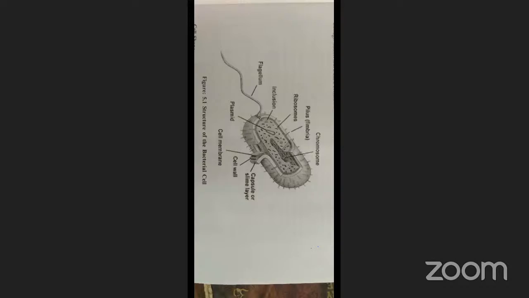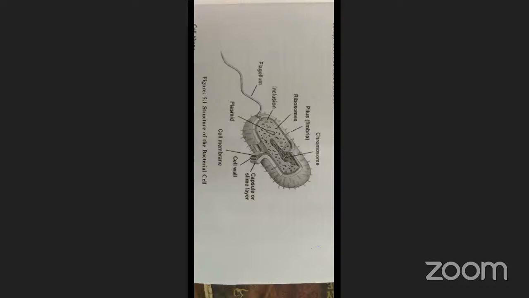Okay, so it is made up of peptidoglycan, and when we add the crystal violet dye, the bacteria absorb this stain and look purple in color.